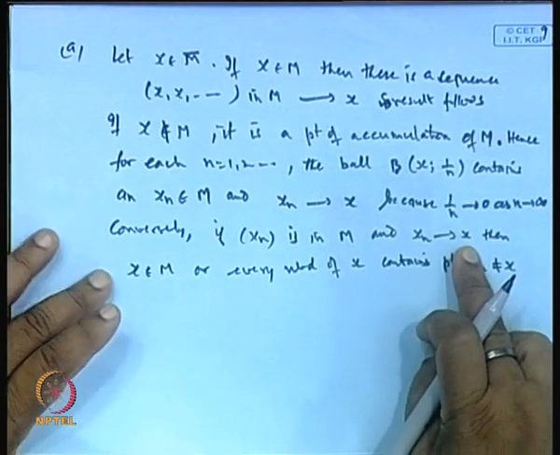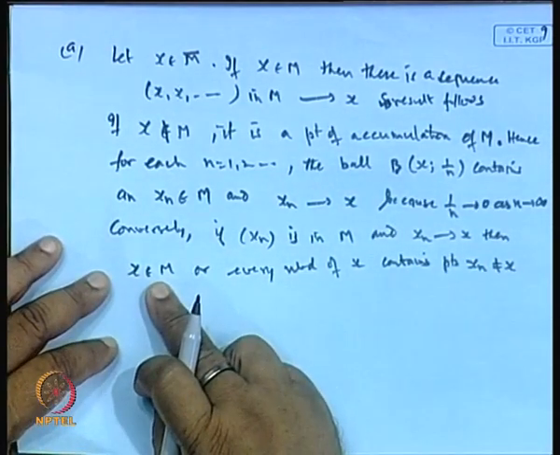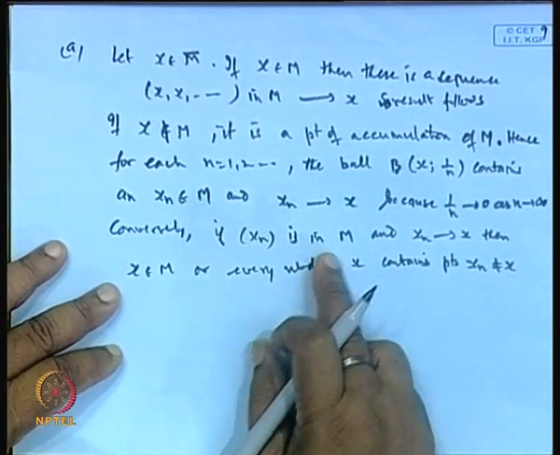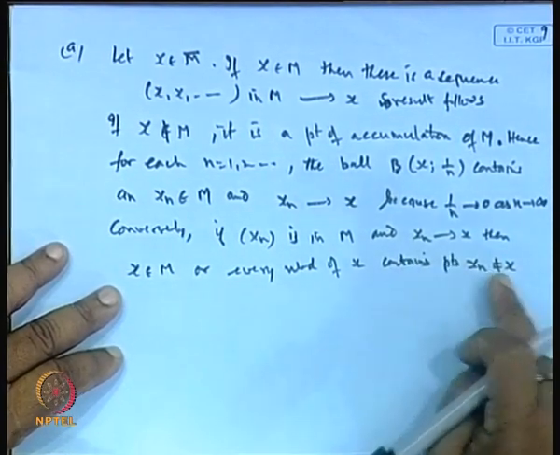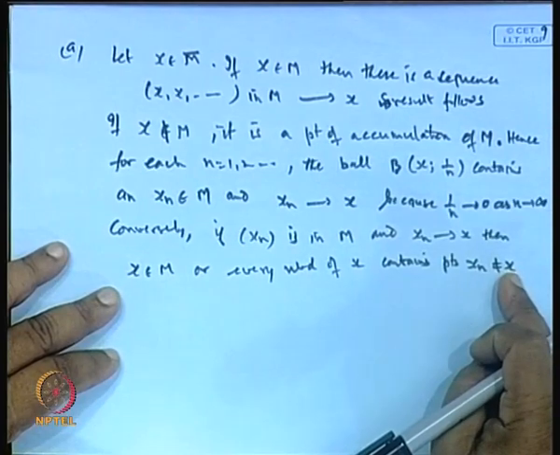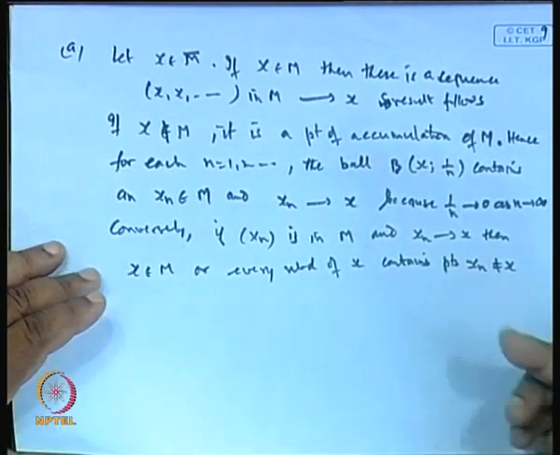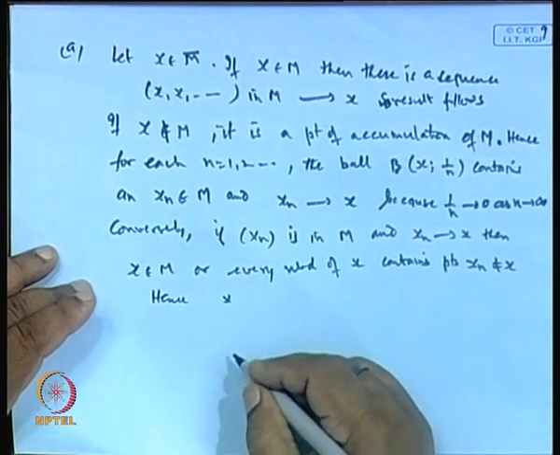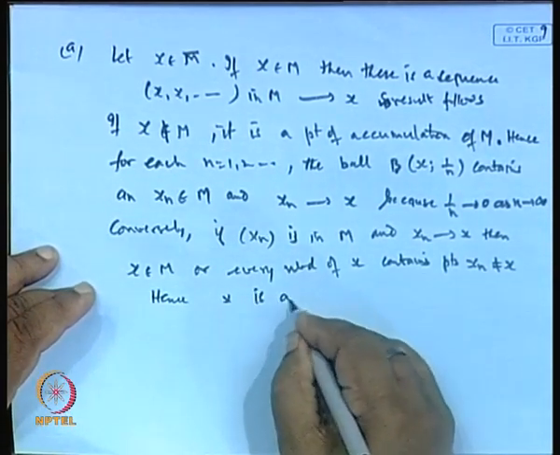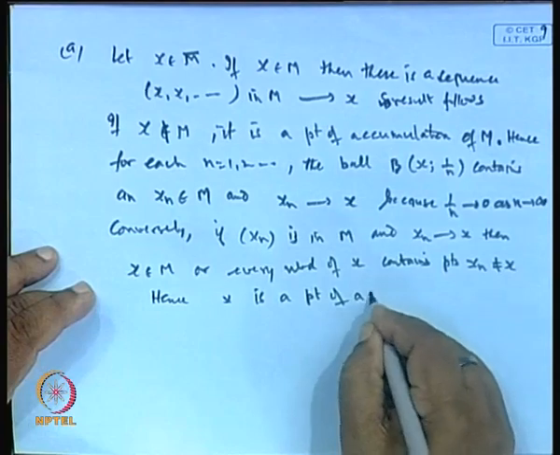Either x will be a point in M, because x_n are in M, or if it is not, then every neighborhood of x will contain the point x_n which is different from x. So, this shows that x must be an accumulation point. Hence, x is a point of accumulation.